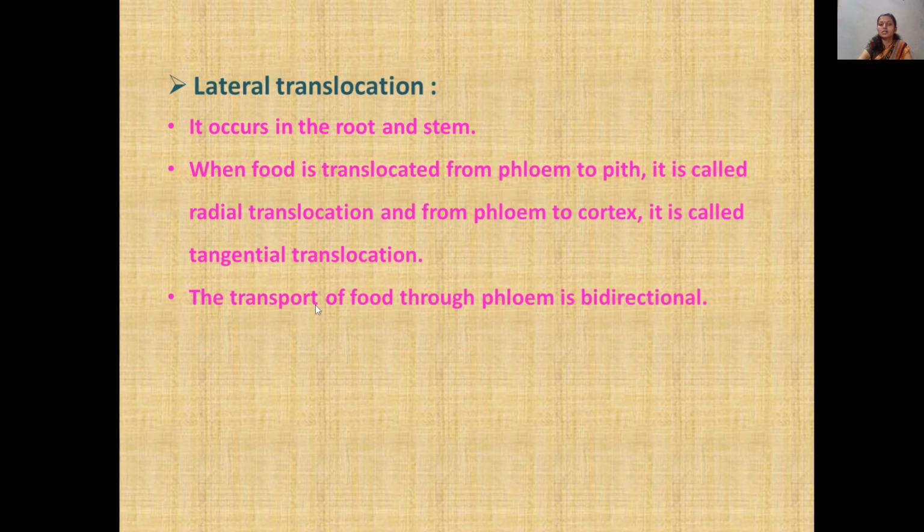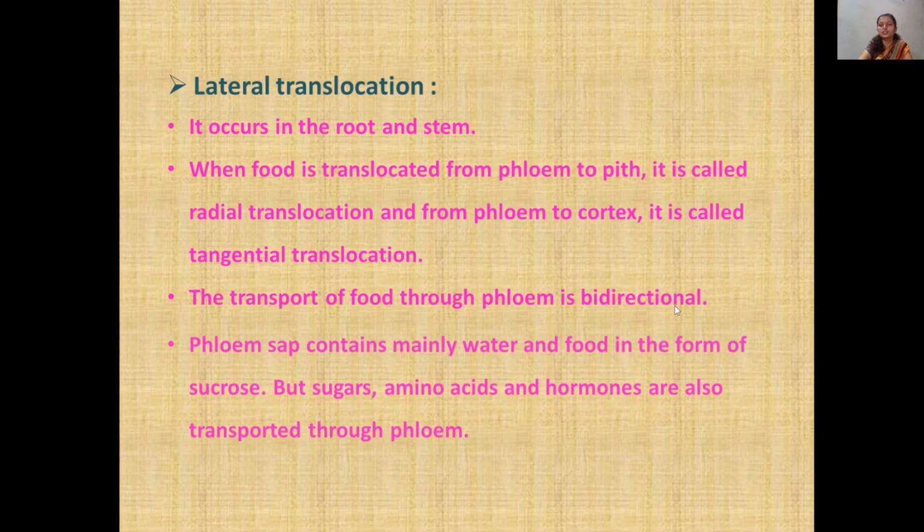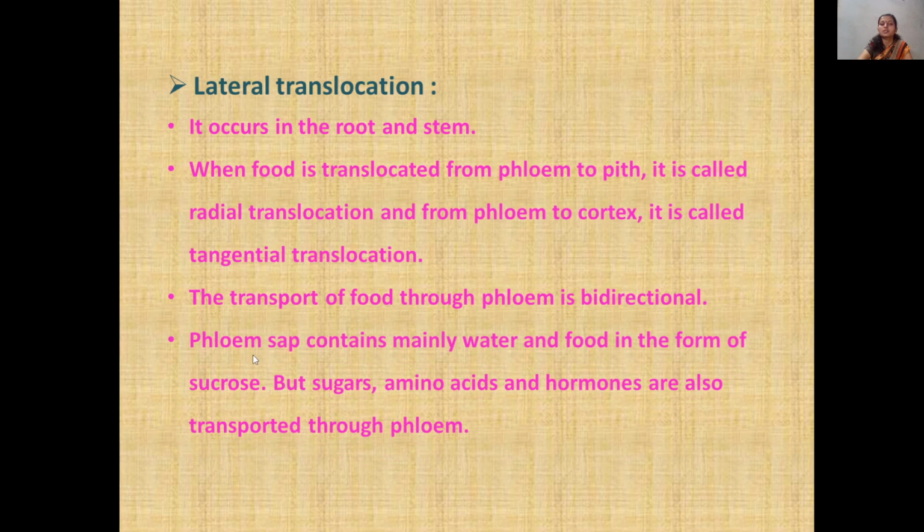Next, the transport of food through phloem is bidirectional. The phloem sap contains mainly water and food in the form of sucrose, but sugars, amino acids, and hormones are also transported through phloem.